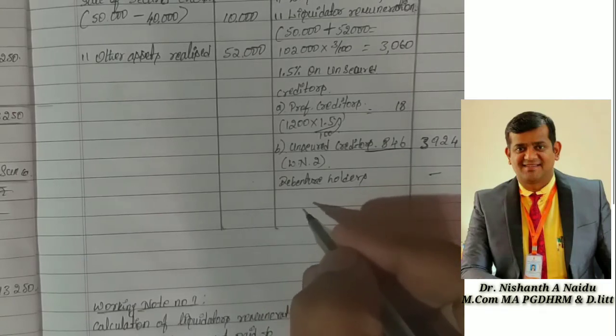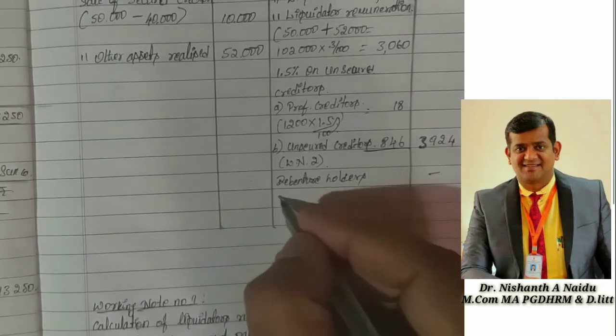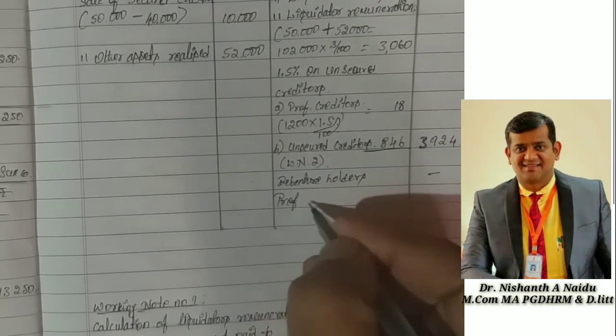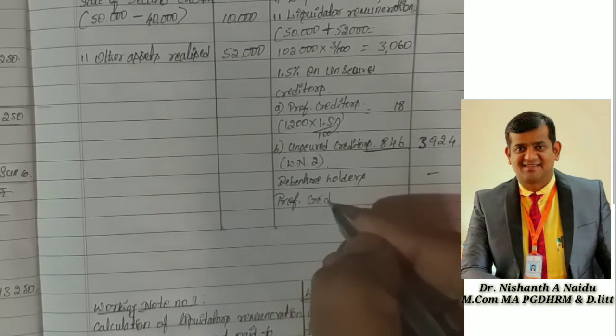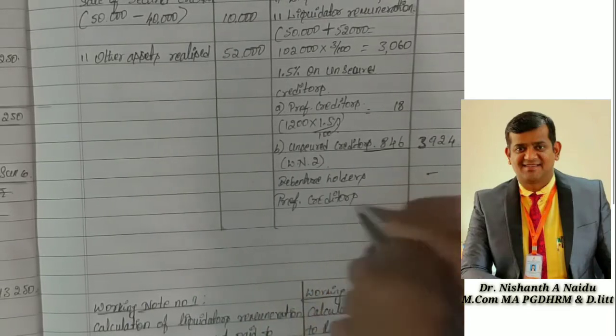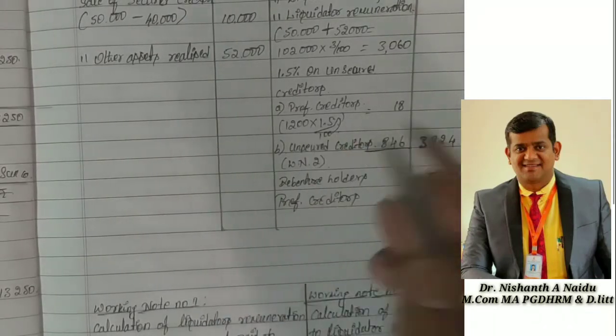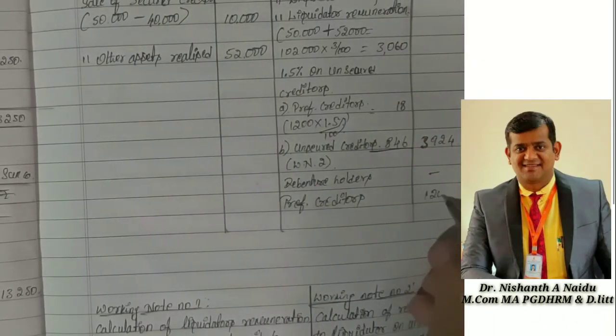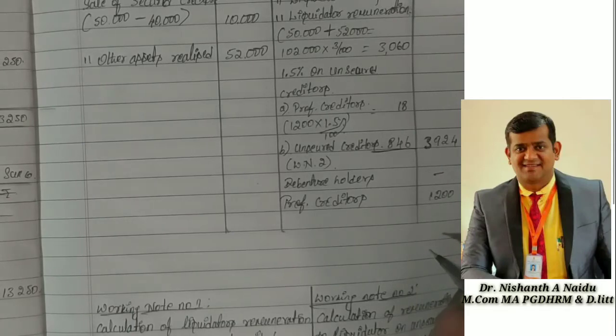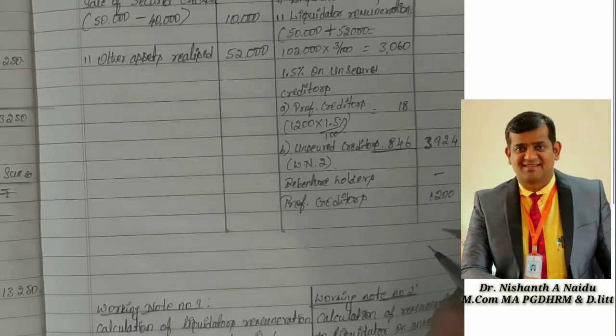Then do we have any preferential creditors? Yes, we do have preferential creditors. How much in the problem? Look at 1200 rupees. I have written here also. So 1200 I am settling for the preferential creditors. After that we don't have any payments to pay.